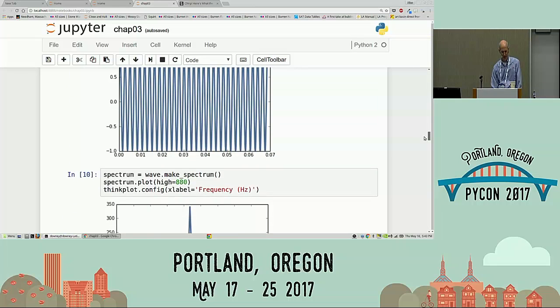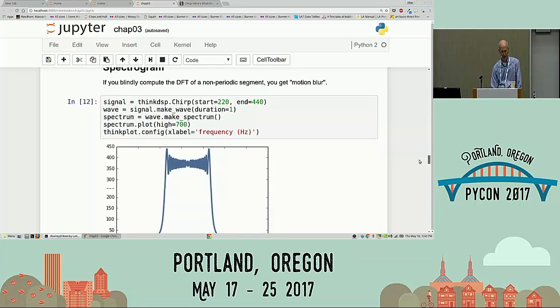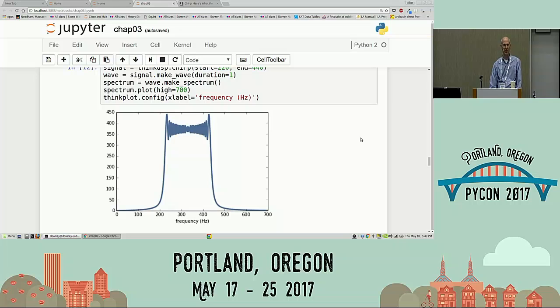So moving on, if you take something that's actually a chirp and plot its spectrum, it looks like this. The lower end of that is at about 220 hertz. The high end is at about 440 for this one. So this is a little bit different from the one we listened to.